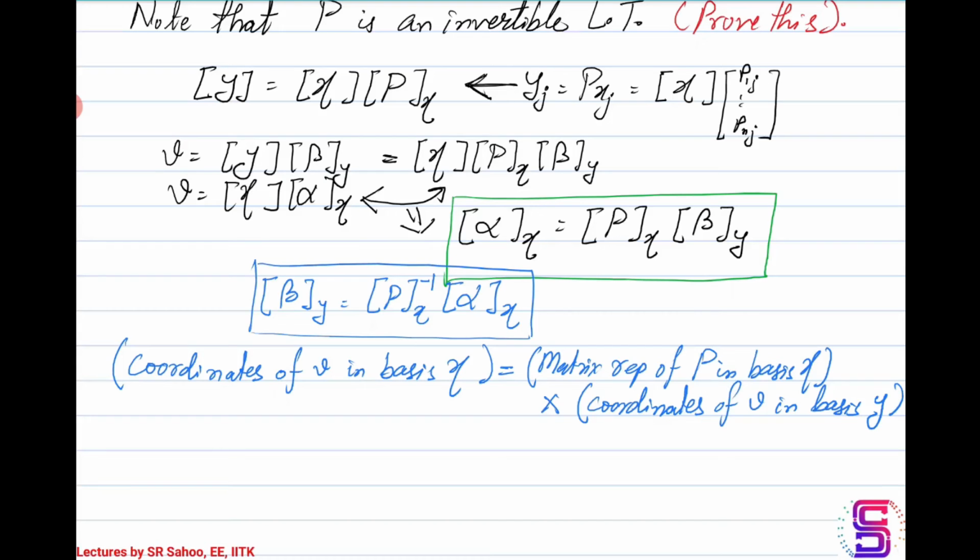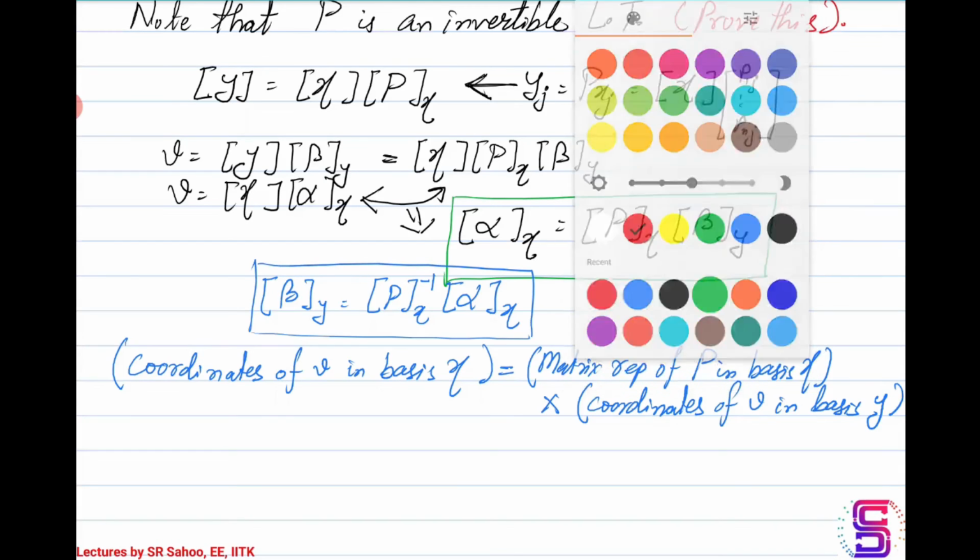Now please note that if a linear transformation is invertible, I'll add this here because this is arising here for the first time.